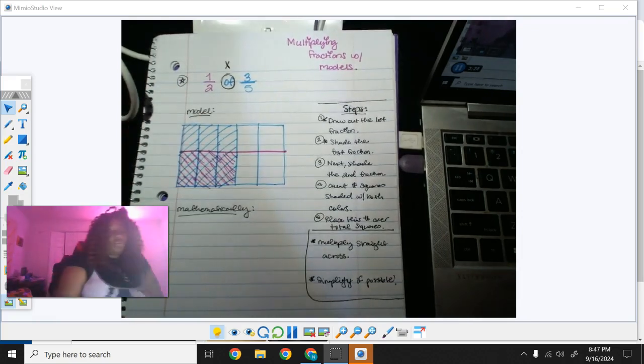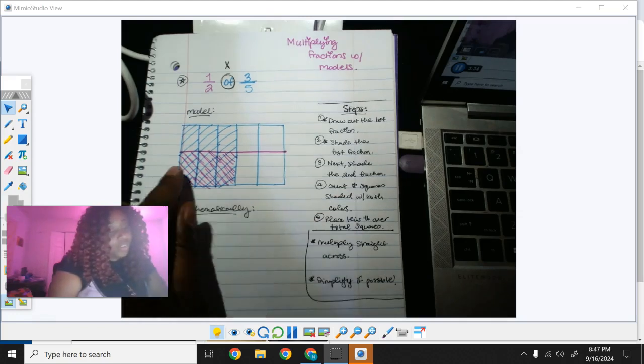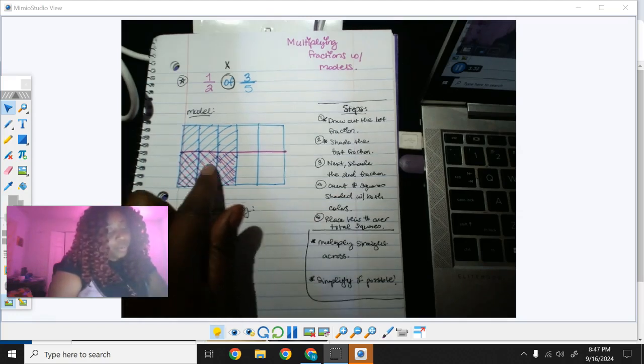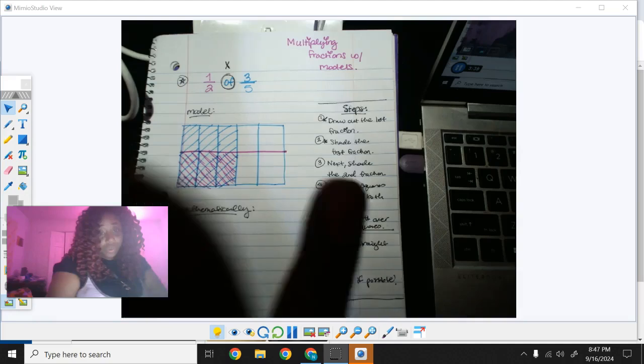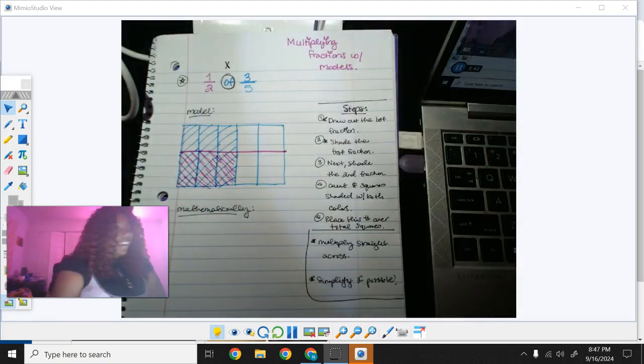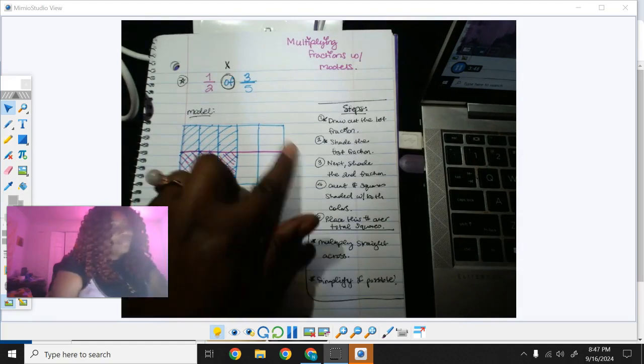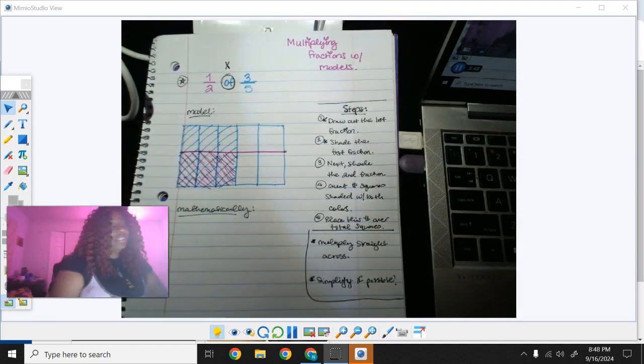So my total number of squares that are shaded with both colors, purple and blue, is 3, out of my total amount of squares, which is 10.